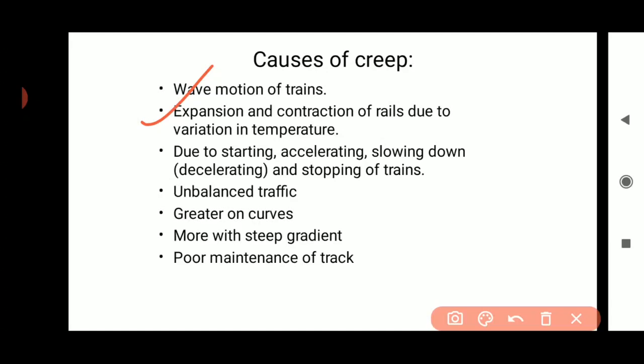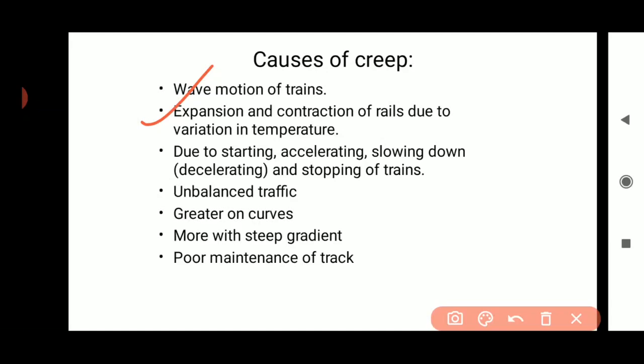Okay, then the next point is unbalanced traffic. In a single line system, if heavy equal traffic runs in both directions, then the creep is almost balanced. But otherwise, if heavy traffic is occurring in one direction, then it will cause creep, which is partly balanced by light traffic in the opposite direction.